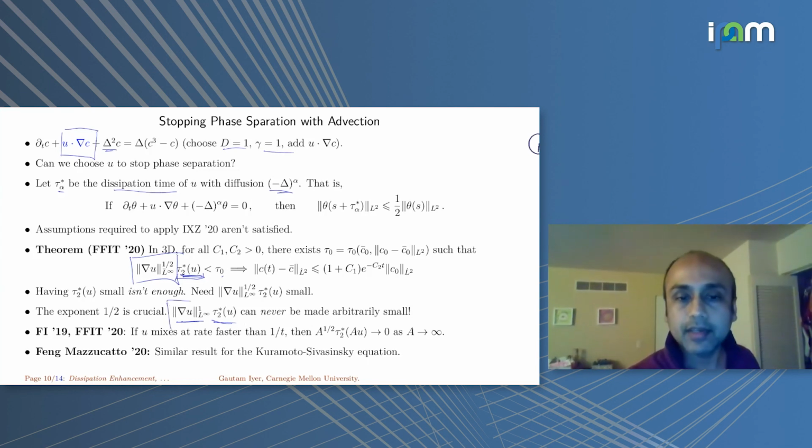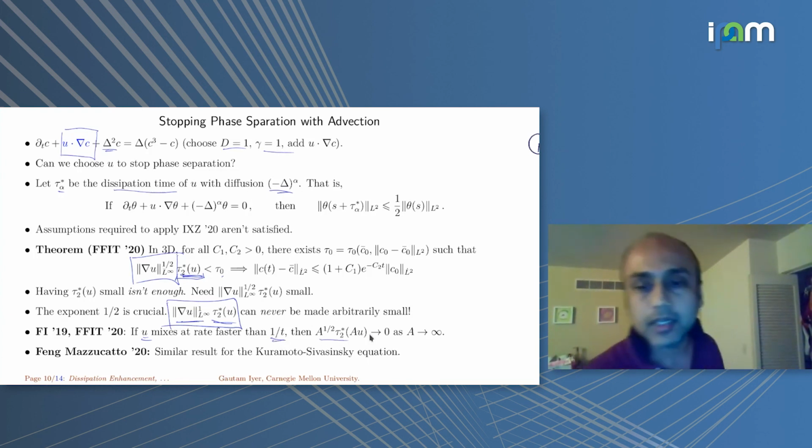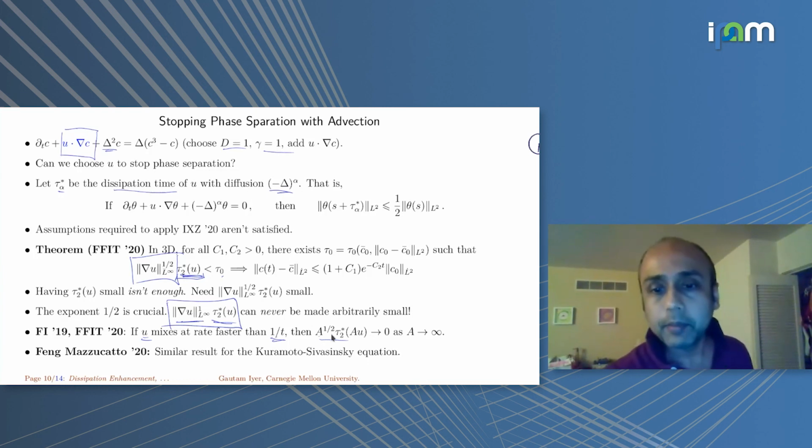This can be bounded below uniformly. You can never make this arbitrarily small. You're in trouble. But the fact that you have a square root saves you. In fact, it turns out if U mixes faster than rate 1 over t, you can always rescale it so that you can make the thing that you want arbitrarily small.